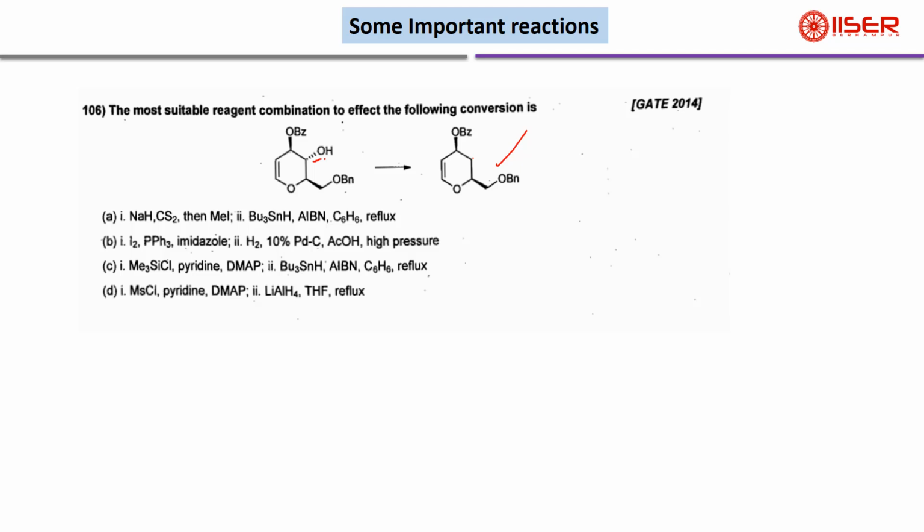So there the OH group will be substituted by iodine, and after that in presence of hydrogen palladium, that will undergo the reduction. That is not possible here. So the correct option here will be option A. First, it will undergo the Chugaev elimination to form a double bond here. After that, if you add Bu3SnH, this double bond will get reduced to give us this as our product.